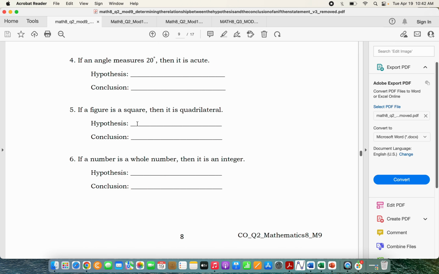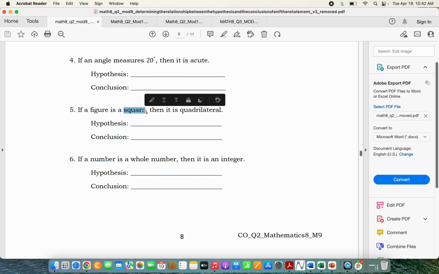Okay. Number 5. Ang sinasabi ko lang dito yung example on how to tell whether the hypothesis or the conclusion is false or true. If a figure is a square, then it is a quadrilateral. We know for a fact that a square has 4 sides. Right?